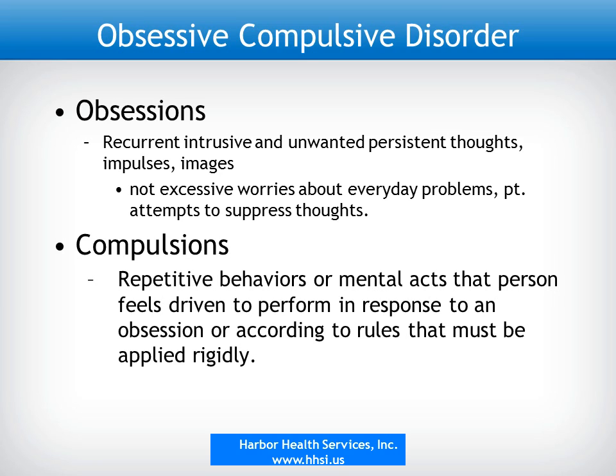So, repeated hand washing, or in terms of mental acts, maybe counting each step that I take from the parking lot into the building, and if my steps are not even, I may have to go back and start all over again. That may be an example of a compulsion.